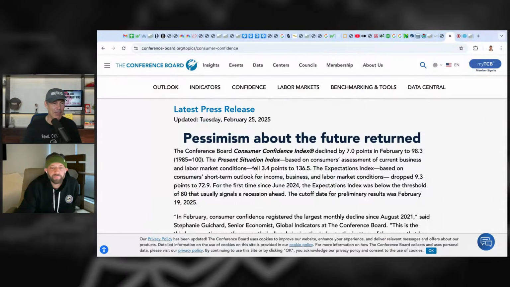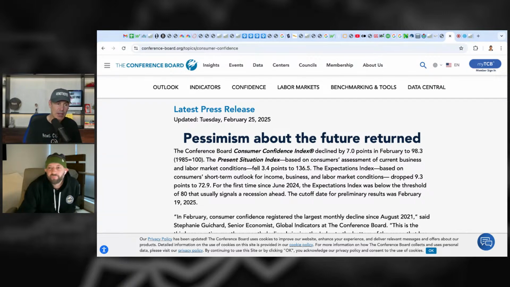Pessimism about the future has returned. The main thing I want people to notice is the expectations index, because they have the present situation index and the consumer confidence index, all of which declined.